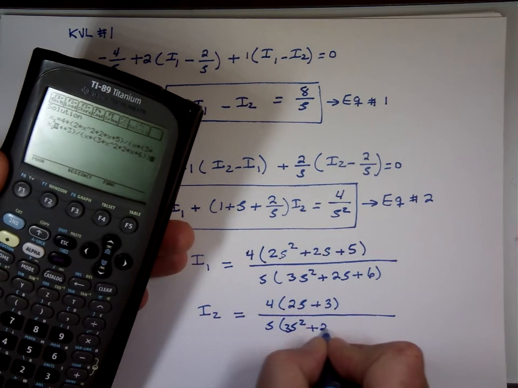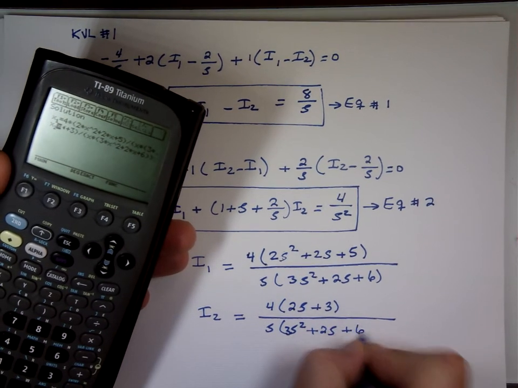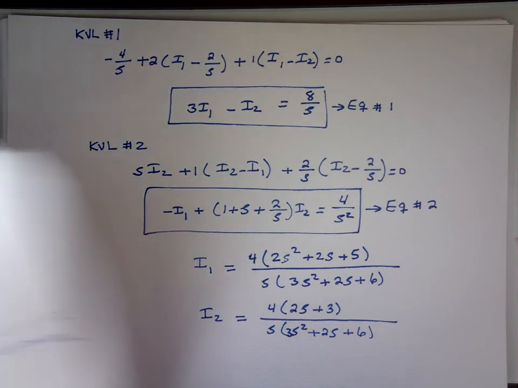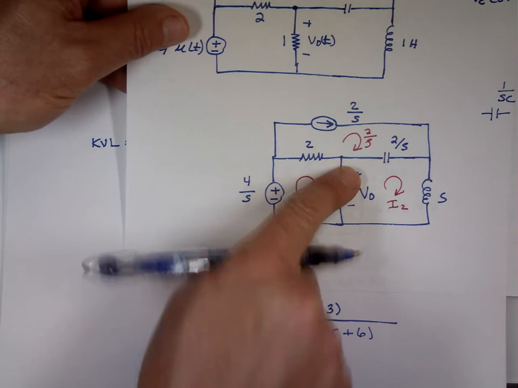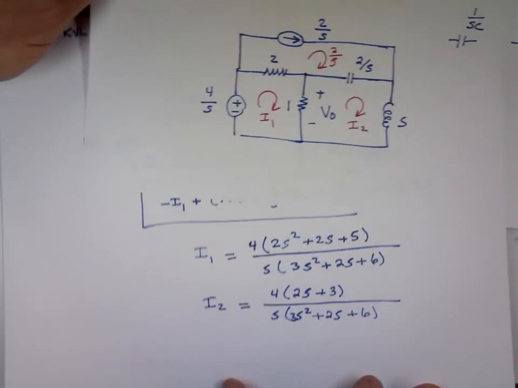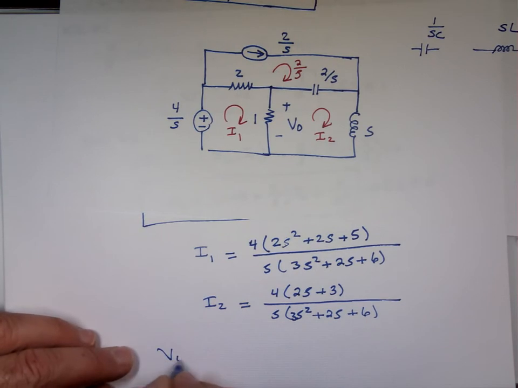It's not that bad, actually. But before I get to that, while I'm here, I'm looking for V out. Notice plus on the top, minus on the bottom. So subtract those two terms, subtract and multiply by 1, and then solve. V out equals 1 times I sub 1 minus I sub 2.